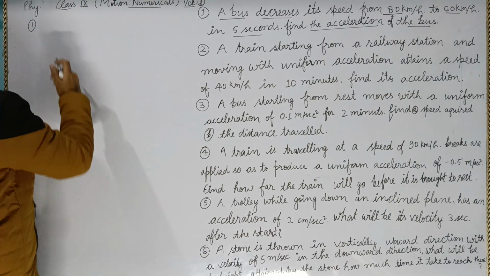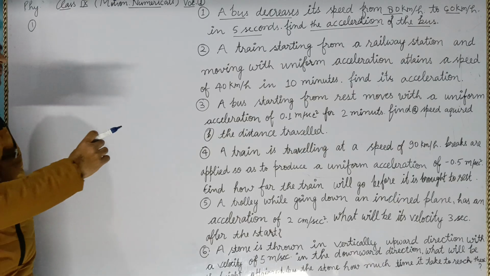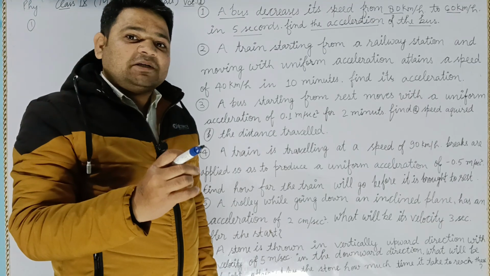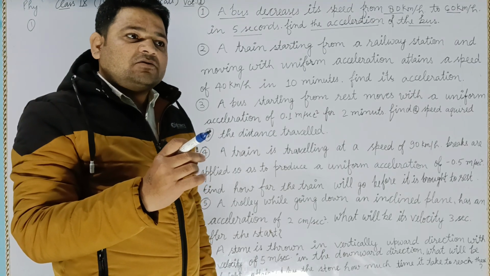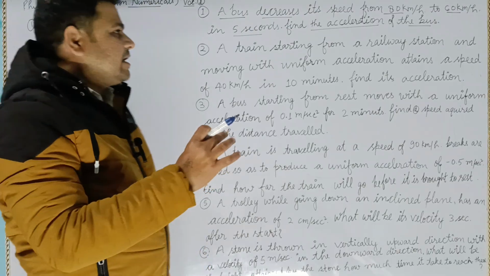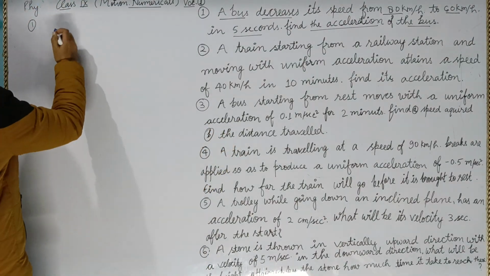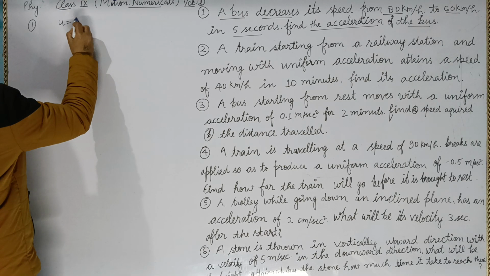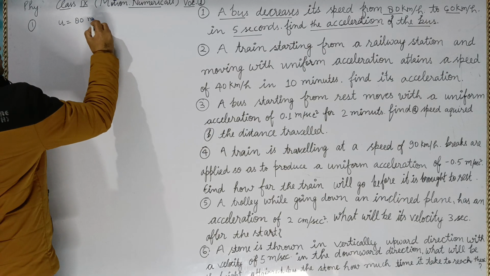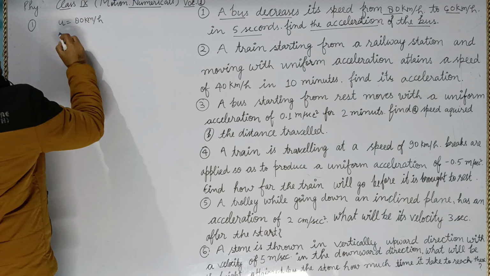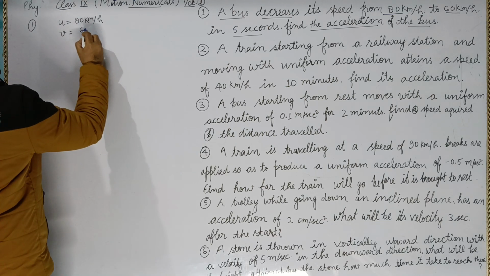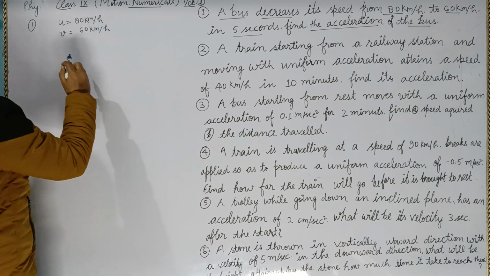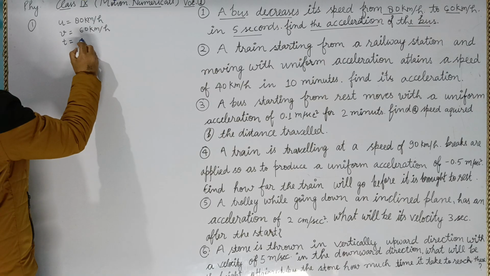We know that acceleration is the rate of change of velocity. u is equal to 80 km/h and v is equal to 60 km/h, and time is equal to 5 seconds.